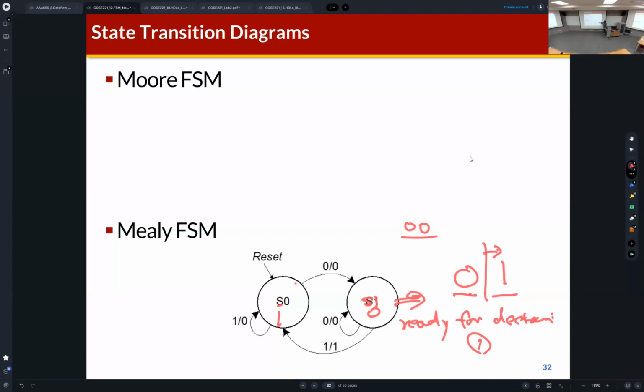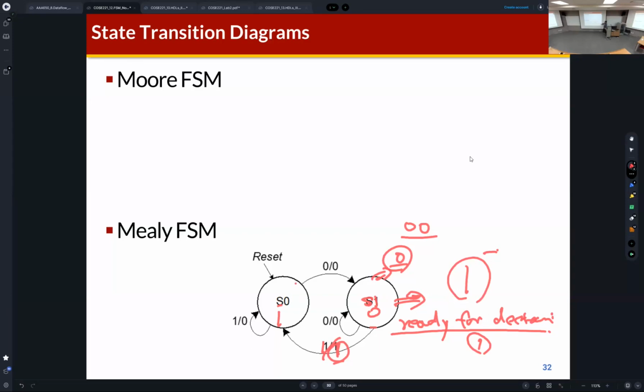In this state, if the input becomes 1, then the output becomes 1. It is because S1 represents that the previous event is 0, which means that we are ready for detecting the next 1. So it's 1, and the output becomes 1 because we can detect the 0, 1. And then if 1 is received, the state is changing because the previous event becomes 1.